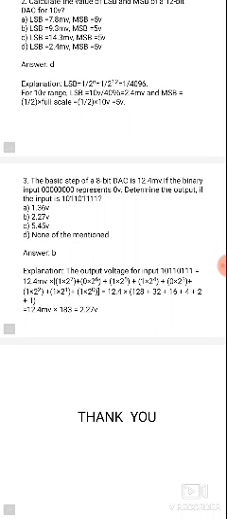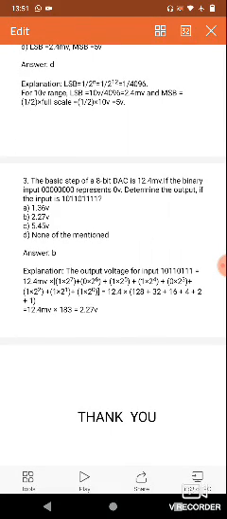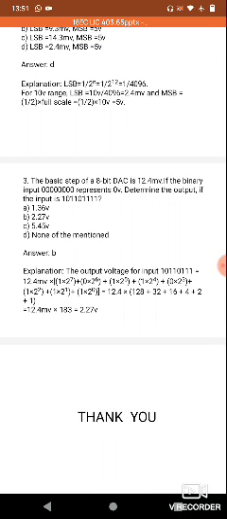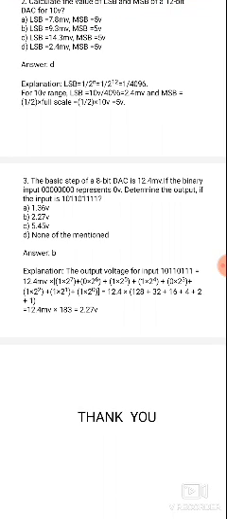Next, 1 into 2 power 5 is 32. Next, 1 into 2 power 4 is 16, plus 0 into 2 cube: 2 cube is 8, but 8 into 0 is 0. Then 1 into 2 square is 4, 1 into 2 power 1 is 2, and 2 power 0 is 1, so 1 into 1 is 1.